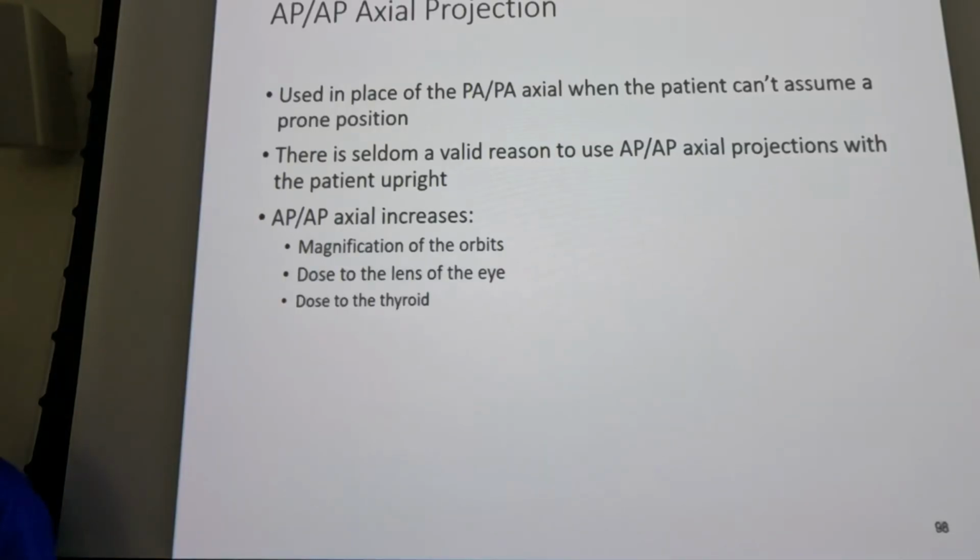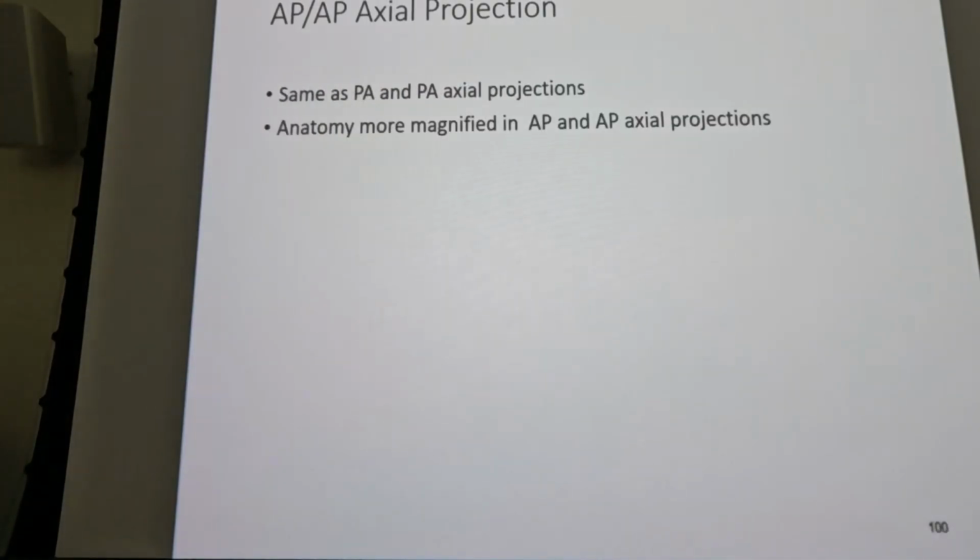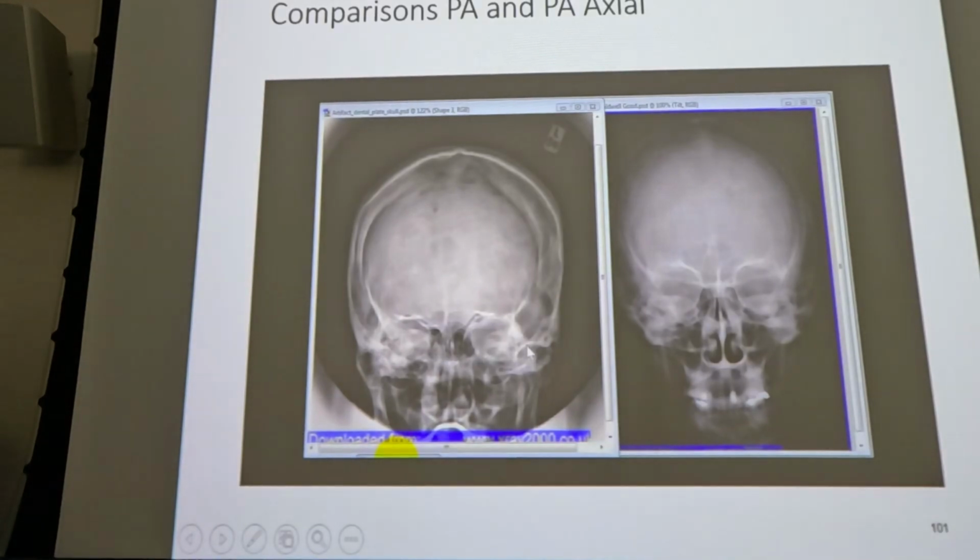Higher lens dose, worse for the patient. Higher thyroid dose, worse for the patient. All right, so AP versus AP Caldwell. Again, petrous ridges fill the orbits for the AP, lower third of the orbits for the Caldwell.